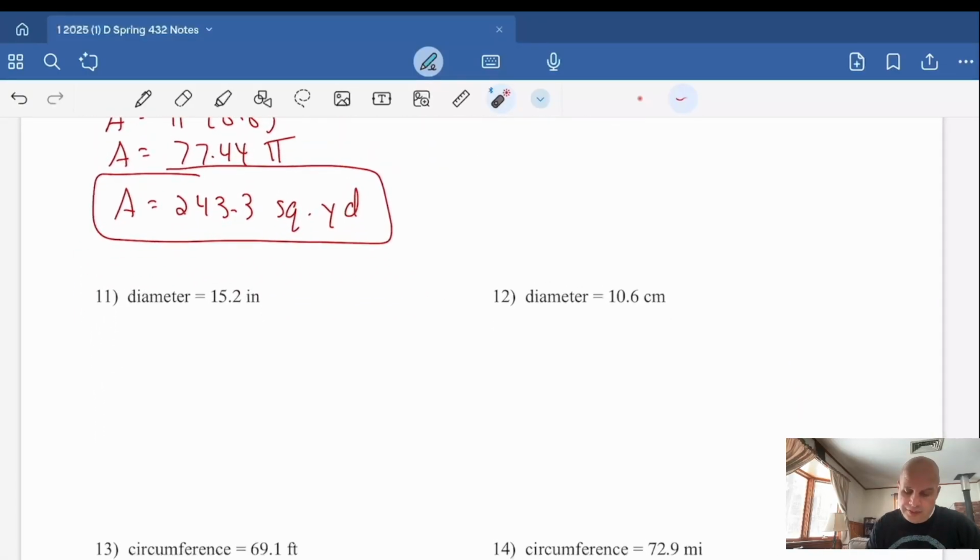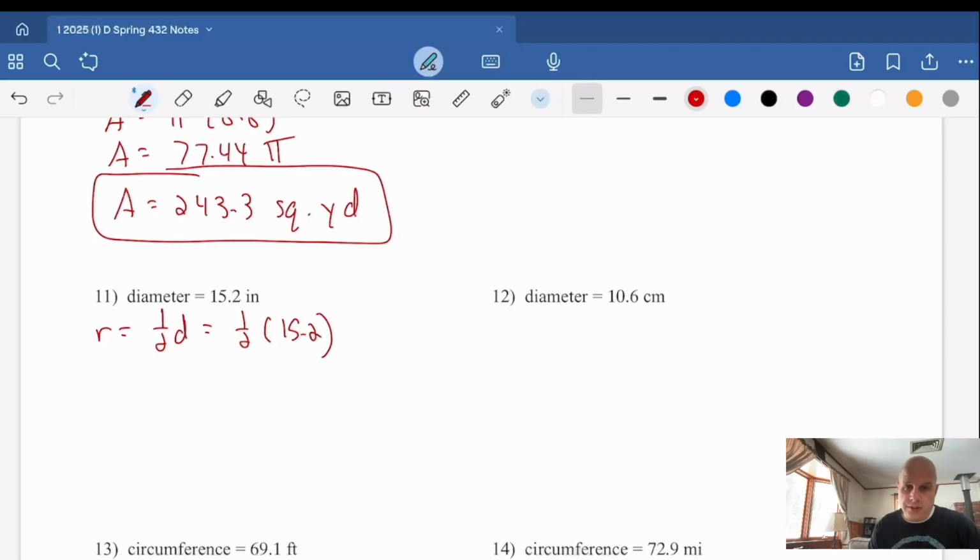For number 11, this time they gave us the diameter. So what I'm going to do is use that to figure out the radius, since that's what the area formula uses. So the radius is 1/2 the diameter. So that's going to be 1/2 times 15.2, which is 7.6.